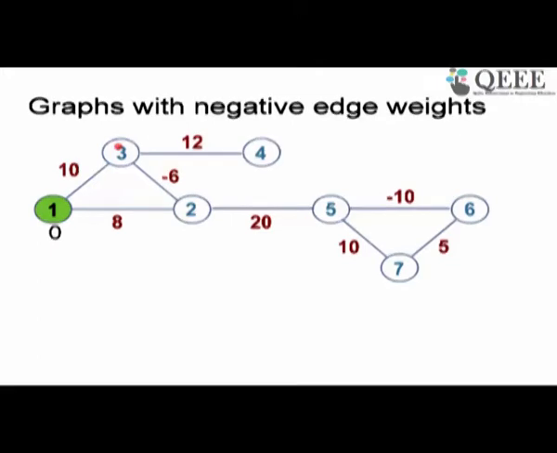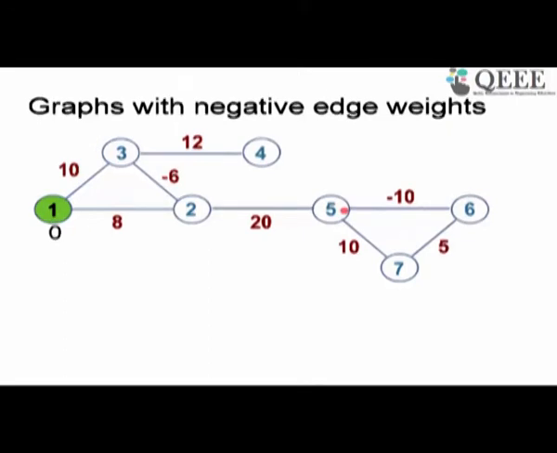I can go back from 2 to 3, reducing the cost by another 6, so it becomes -12. I can do 3, 2, 3, 2, 3 and keep going around like this, and the cost will keep reducing by 6 each time.